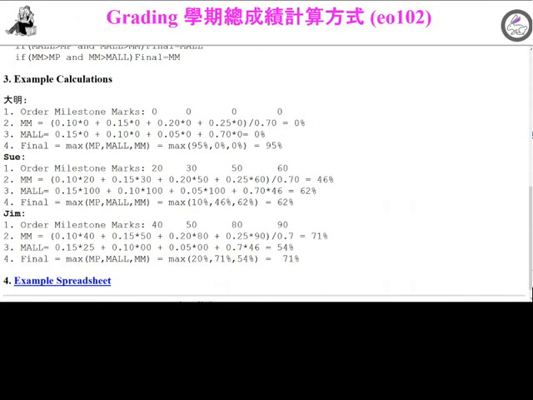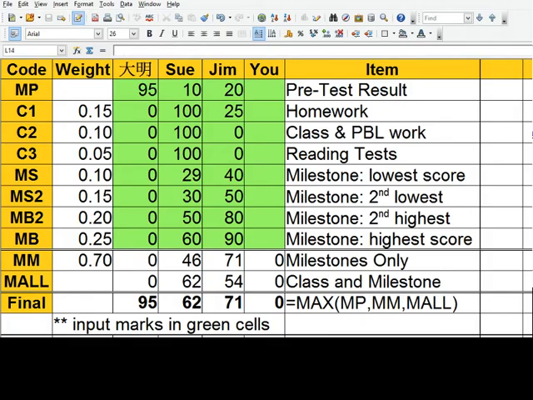Now, if you want to see how these calculations work, here is an example spreadsheet to show you. You can work on it, and you can see how the marks for Susan and Jimmy are entered for the 3 components of your classroom work, as well as the milestones, and then finally how we do the final calculations of MM, MAll, and MP.